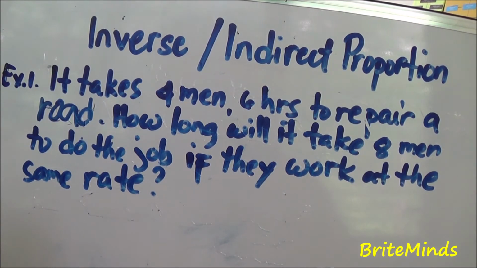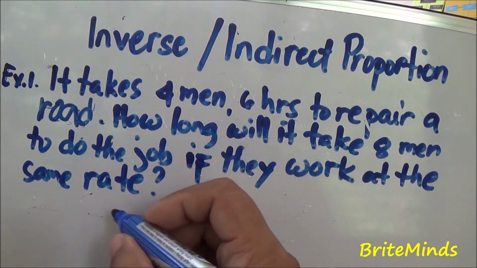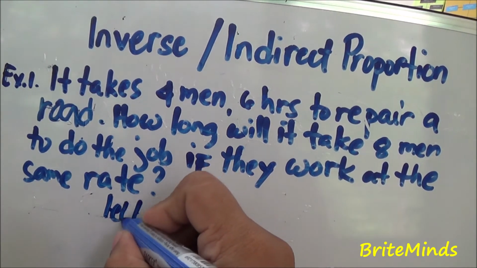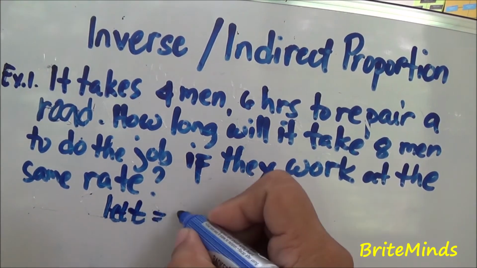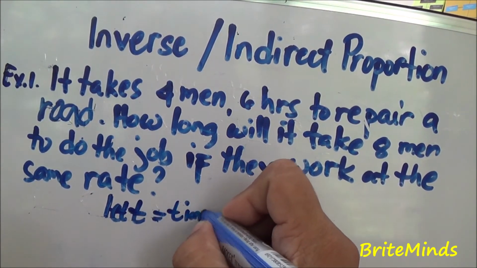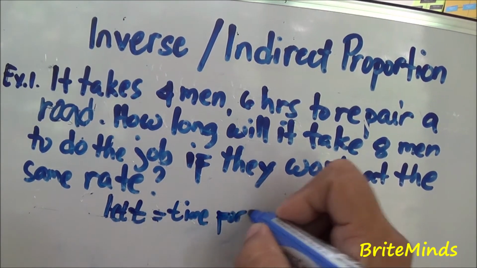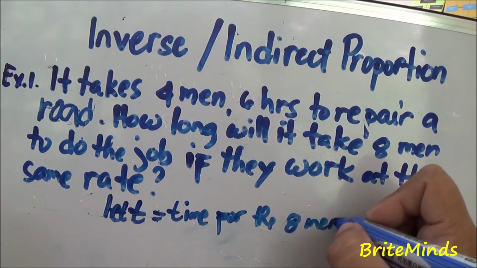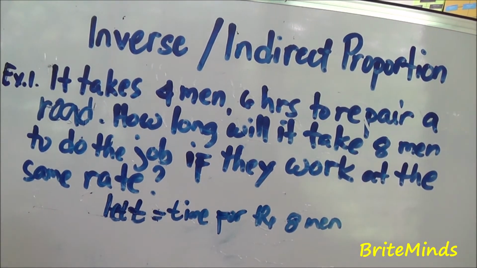So we're going to find the number of hours for the 8 men to do the job. We're going to assign T. Let T be the time for the 8 men to repair the road.